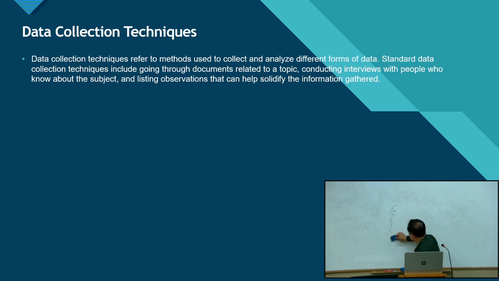To build the body, you have to choose the data first. You make some idea, and then to make a conclusion or present your idea, the first step is data collection.